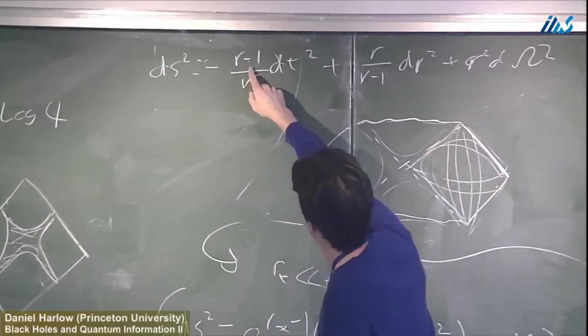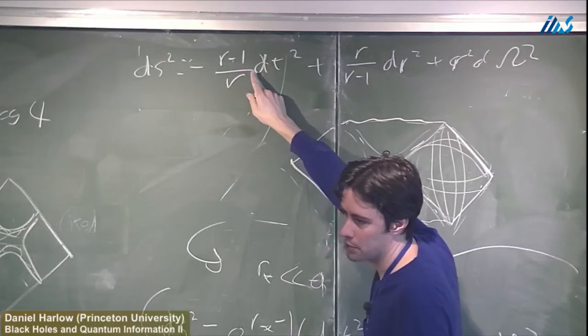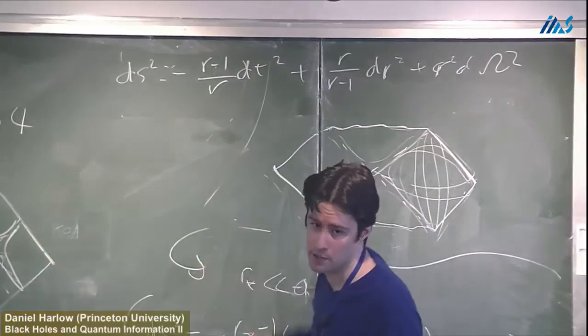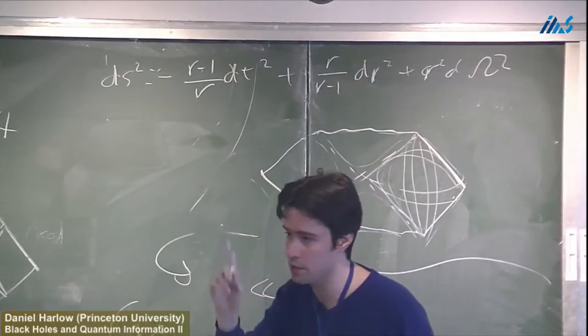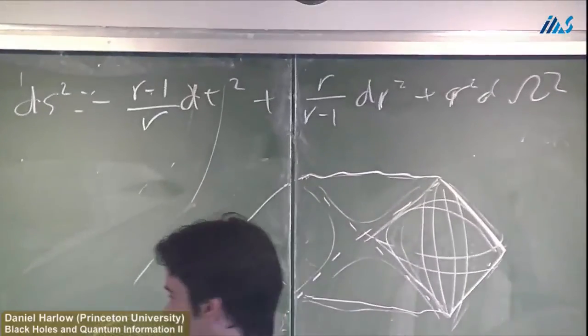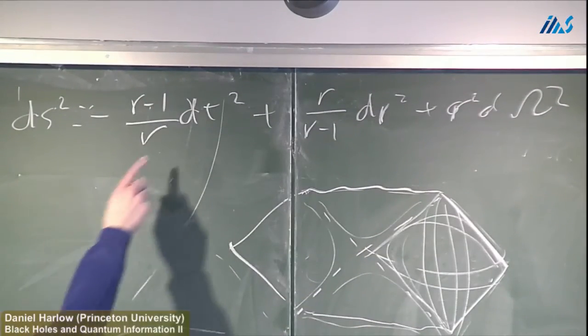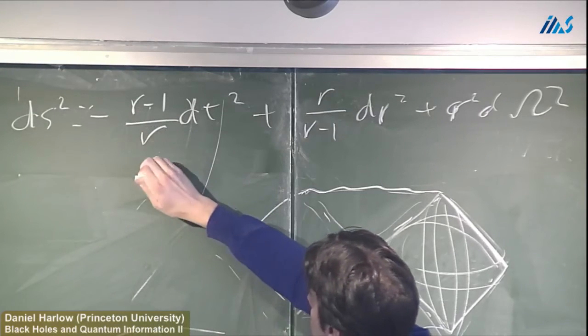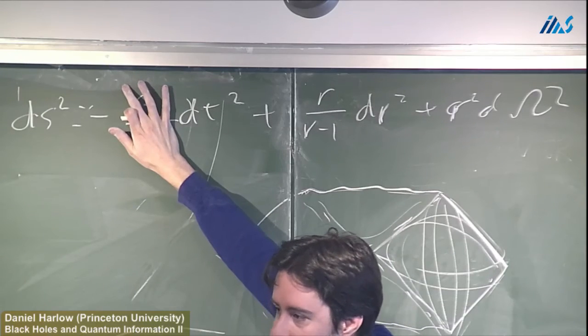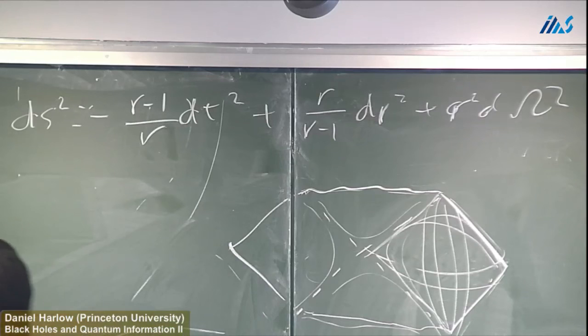You can see that the meaning of this time in terms of the proper time changes as you get closer to the horizon. That was the gravitational redshift that I talked about yesterday. So indeed, when r is large, this factor is 1, and then t is really the time that you like. So this is really the temperature as seen from infinity.